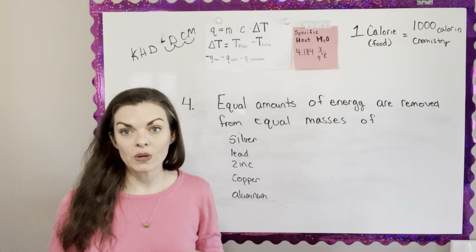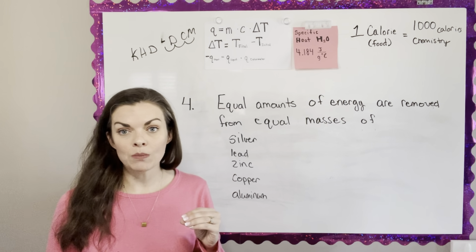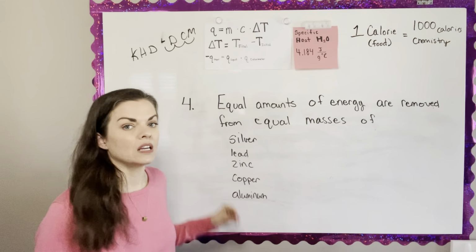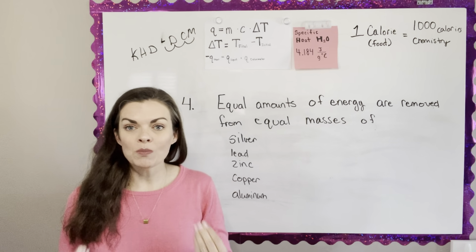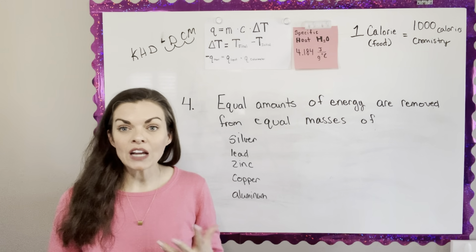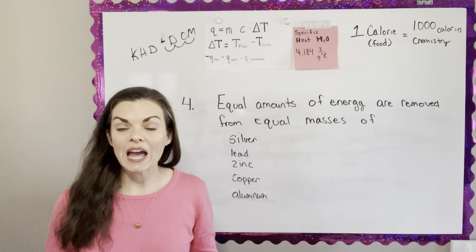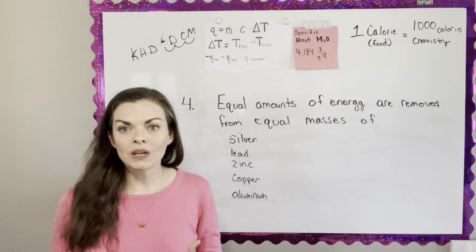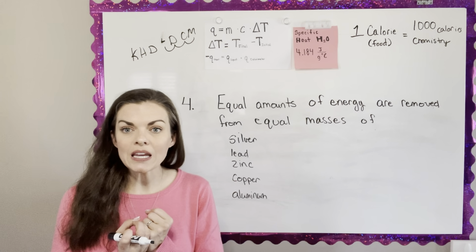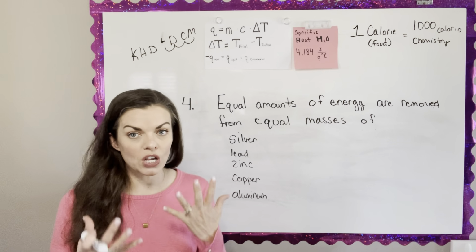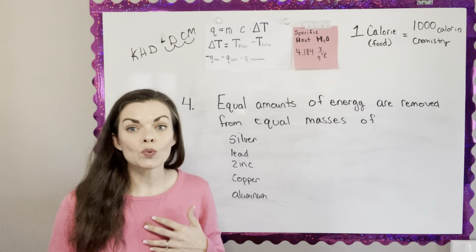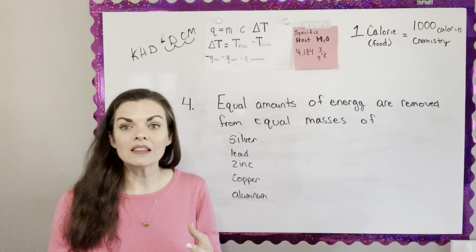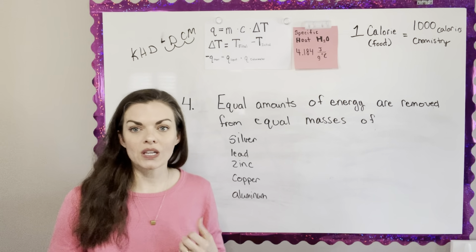So just imagine we have a same size sample of each of these metals and I'm removing the same amount of energy, but they're actually going to have different temperatures at the end because some substances have the ability to absorb heat without a huge change in temperature. We see this with water. Water can absorb a lot of heat before it gets really hot.